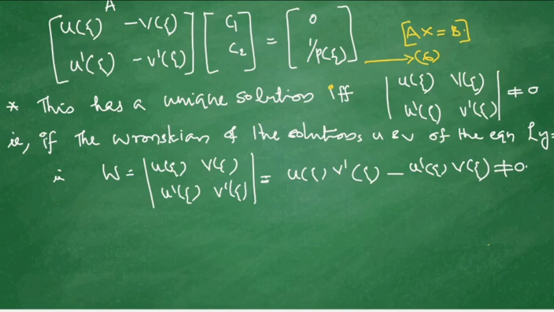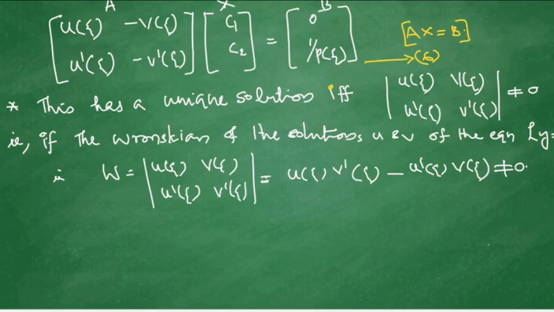So this equation is in the form Ax equal to B, where X is the unknowns to be determined, that is the column matrix C1 C2. This system of equations has a unique solution if and only if determinant of A is non-zero.